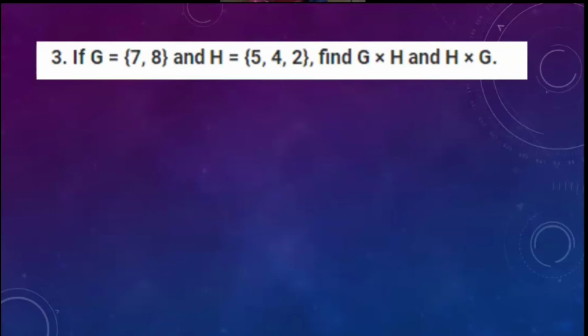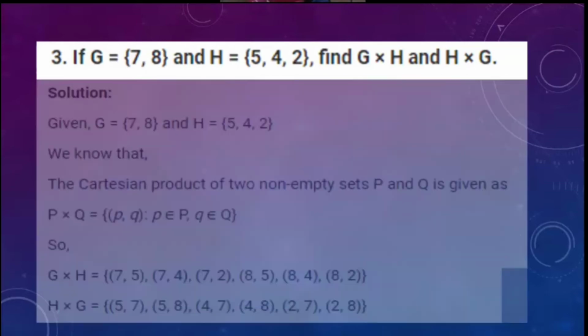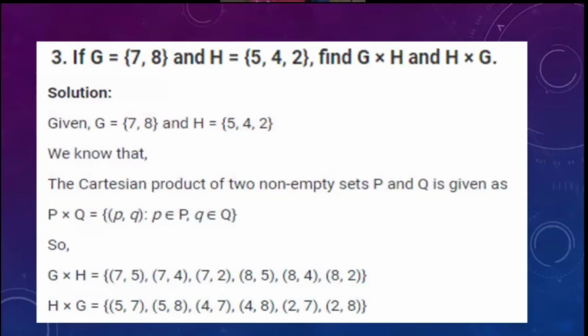Okay. In the third question, what did they give? G is a set containing 2 elements, 7 and 8, and H is a set containing 3 elements, 5, 4 and 2. What they asked is: first find G multiplied with H, and second, H multiplied with G. First you need to find the Cartesian product of G and H, then the Cartesian product of H and G. See, G is given, H is given.